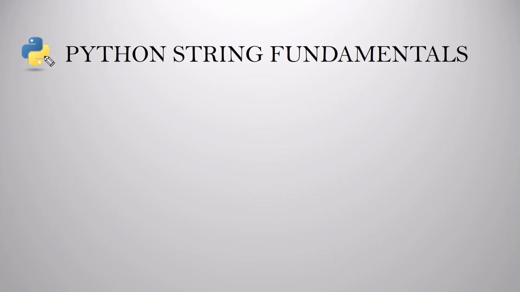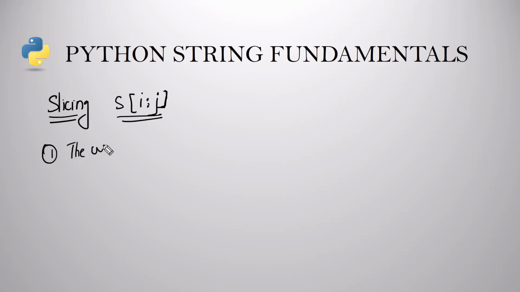Now slicing can be S[i:j]. This is used to extract a substring from a string. The upper bound is non-inclusive, meaning it doesn't count the j.